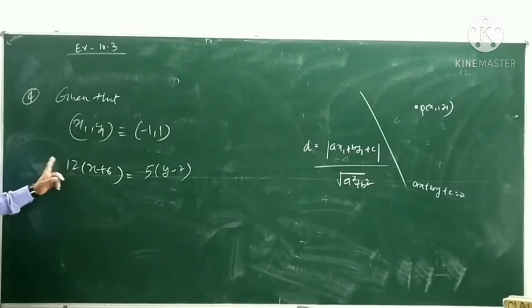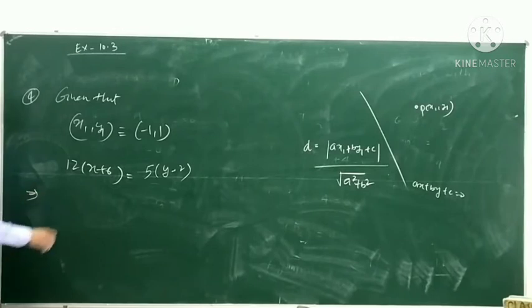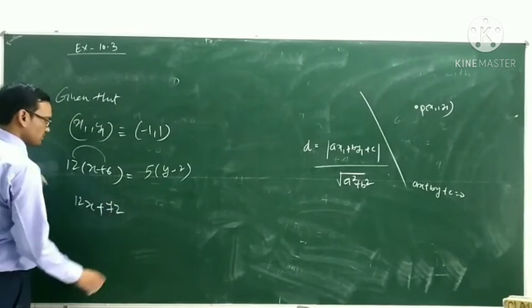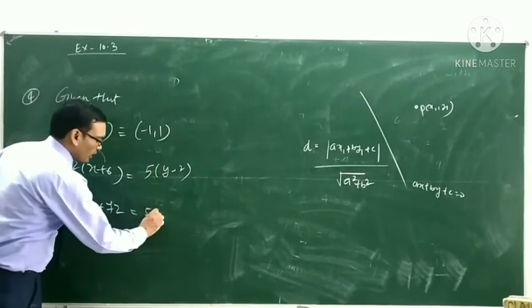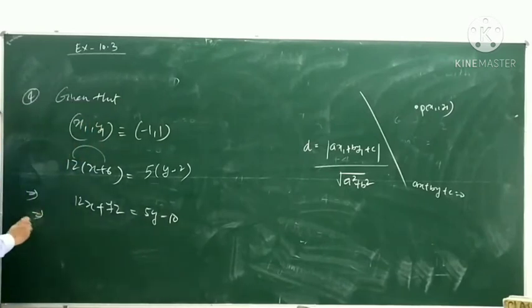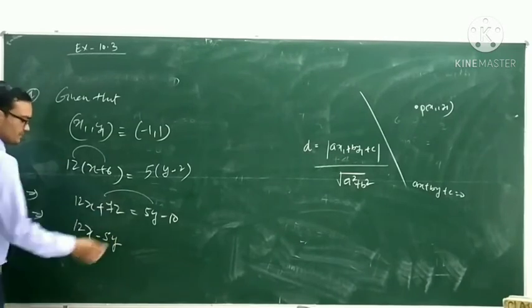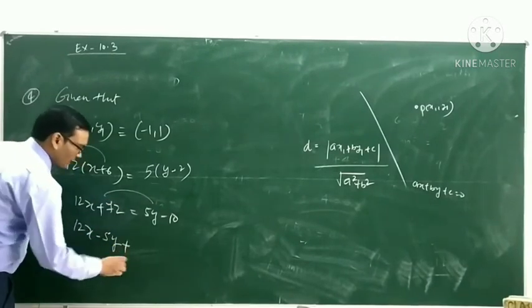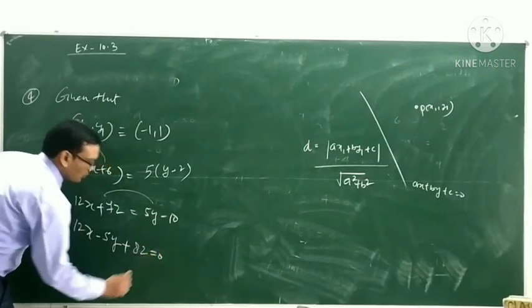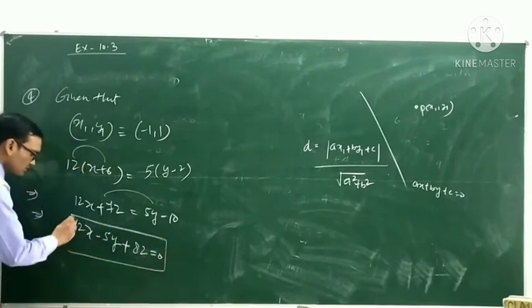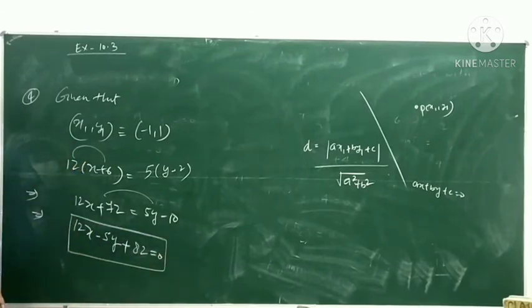We reduce this equation to the general form ax plus by plus c. This implies that 12x plus 72 is equal to 5y minus 10. This implies that 12x minus 5y plus 82. Okay students, this equation is also written as 12x minus 5y plus 82 is equal to 0.